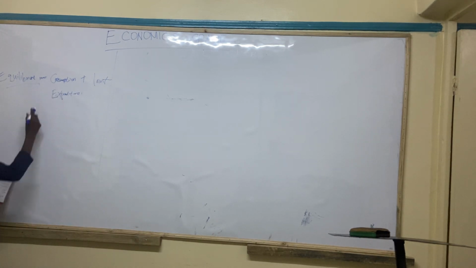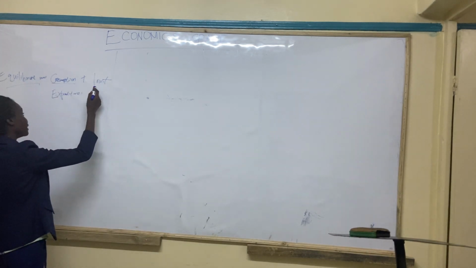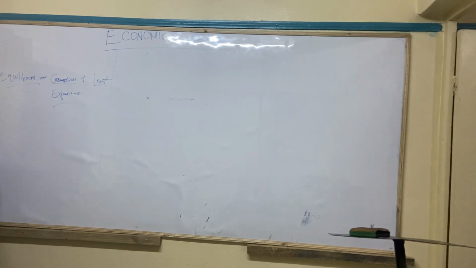So equilibrium income is the summation of consumption, investment, and expenditure.